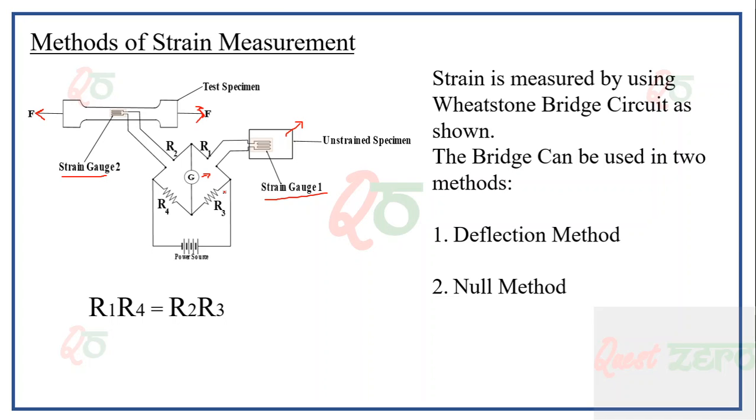Here the amount of resistance change employed to bring the deflection back to zero is related to the amount of deformation of the test specimen. But in the deflection method, you can apply it for either static or dynamic conditions, and each time there is an elongation, there will be a deflection in the galvanometer, and that deflection itself is taken as the measurement of the amount of elongation.